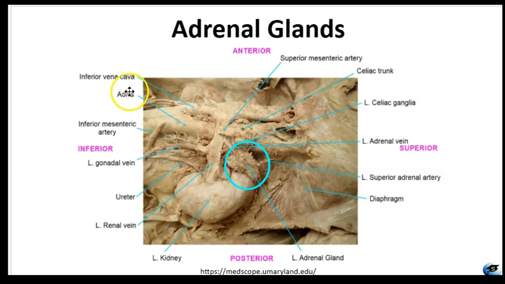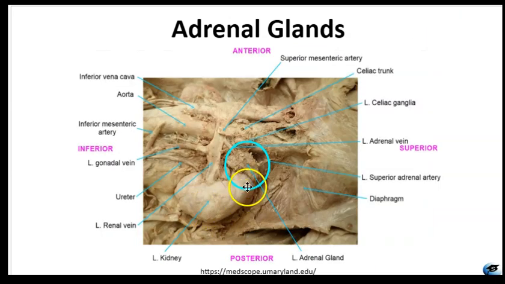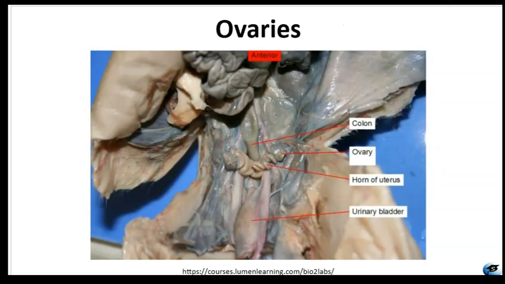There's a lot of stuff here you don't necessarily need to know, so don't let that scare you. But just know that this is the kidney and ureter, and this area is zoomed way in, okay? Just know that the adrenal glands are going to sit right on top of the kidneys, okay? And then if you were looking at a female pig, you would see the ovaries.